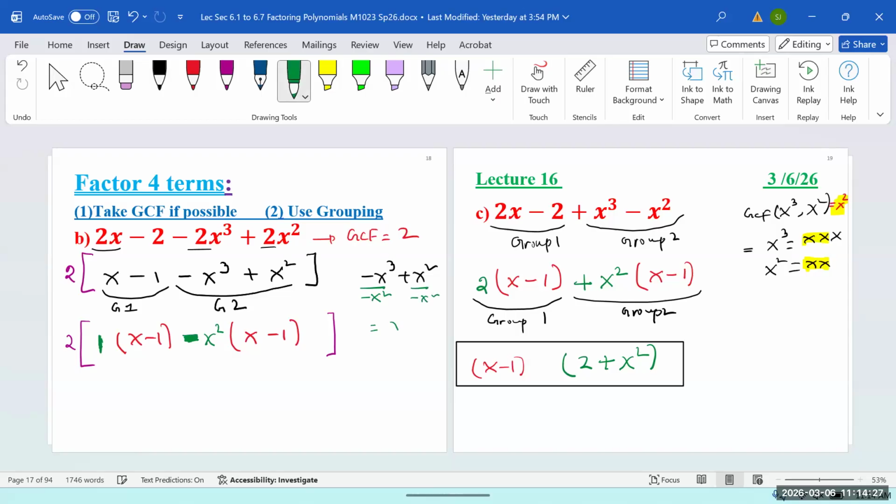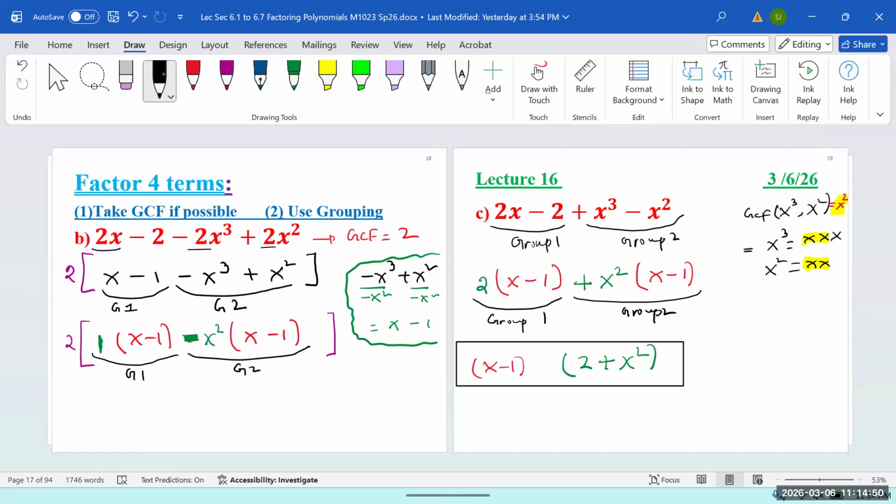So we get x here and -1 here. Again, the first thing is our group 1, and the second thing is our group 2. Any questions so far?